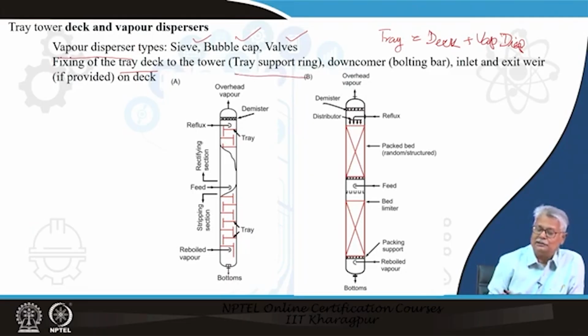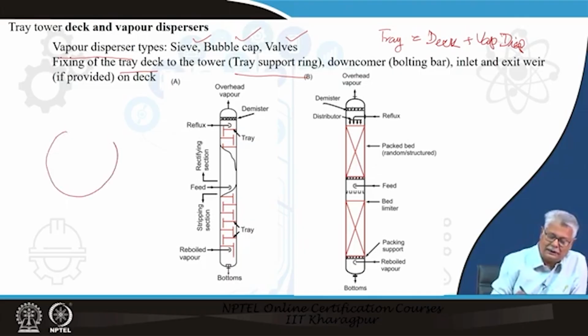We will look at the details of each of these with drawing later on, but right now what I would like to say is, if I take a section of my tower and look from the top, what you will normally have is a tray like this. That means there will be a segment which will be missing here. You do not have this part. It is a disc. So, on this disc you have the fitment of your vapor dispersers.